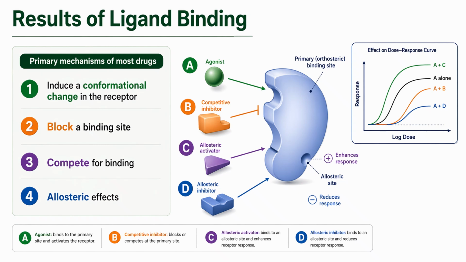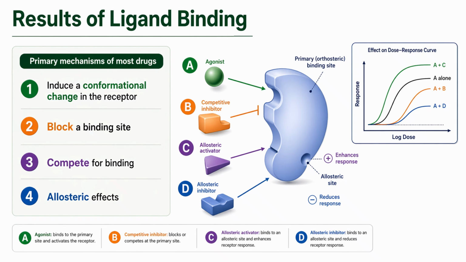So think about an allosteric activator as one that can make the receptor more responsive, while an allosteric inhibitor can reduce the responsiveness. Now, this matters because two different molecules may influence the same receptor without directly competing for the same exact spot.